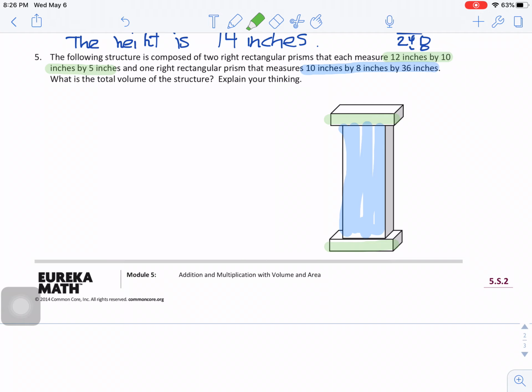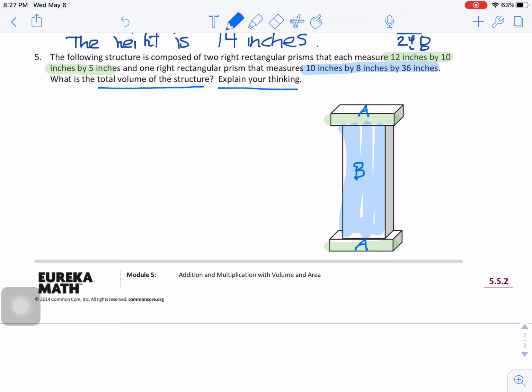And as I think about this, I would think of labeling these structures. I'm going to label the top one and the bottom one as structure A. And then I'm going to label the big middle one as structure B. So if I'm finding the total volume, because that's what I'm told to do, and I also need to explain my thinking, here's my thinking on this.